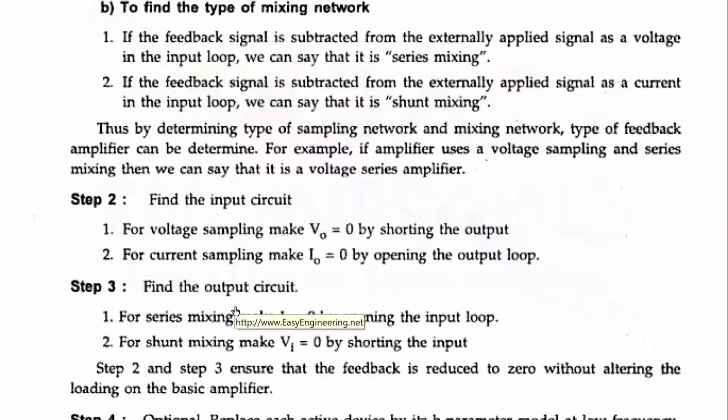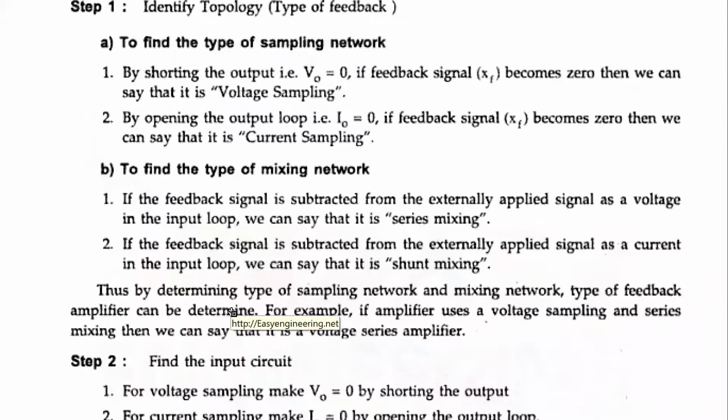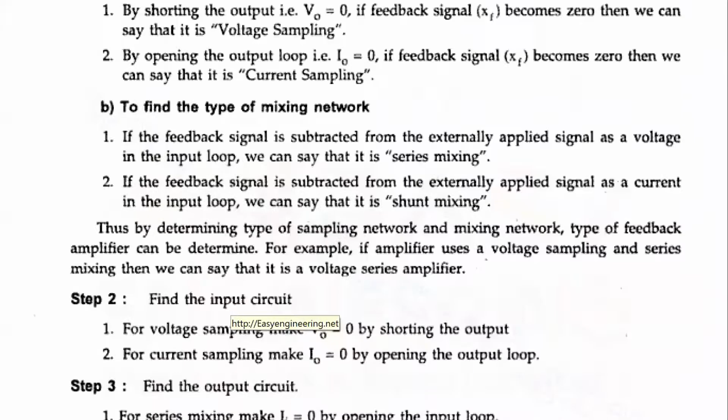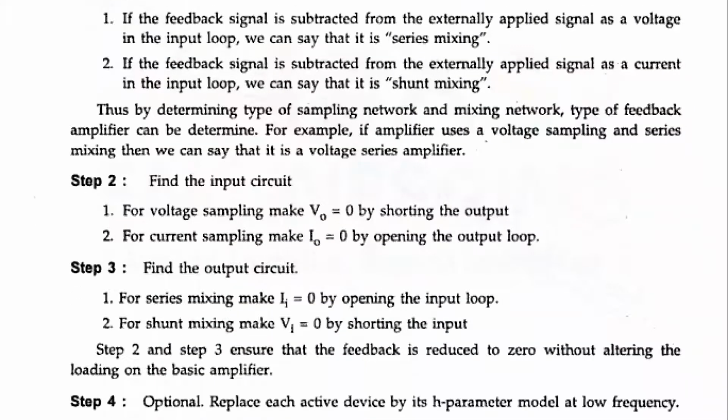From the given feedback circuit, we are reducing the feedback to 0 without altering the loading on the basic amplifier. In simple words, we are reducing the feedback to 0, and then if we analyze, we can get the gain without feedback.